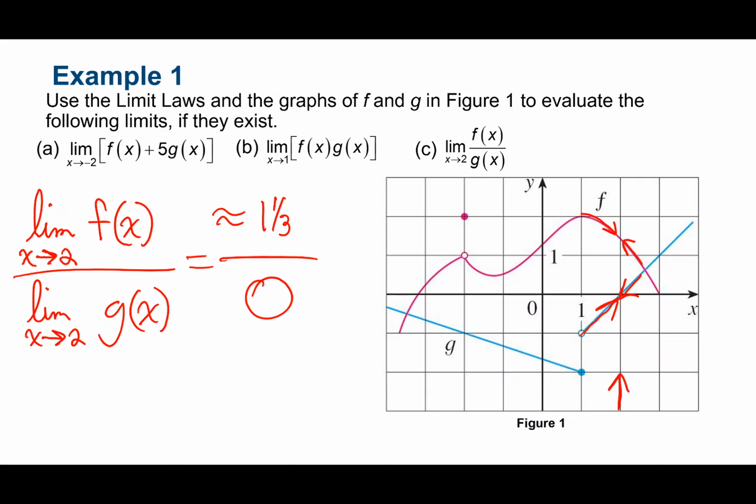On this one, I said we have a little subtlety with division. Since we get 0 on the bottom, that doesn't mean the limit of this thing doesn't exist. It just means that we don't have a way of finding it right now. Because we get this 0 in the denominator, or our limit in the denominator, our properties break down, and our properties are not valid here.